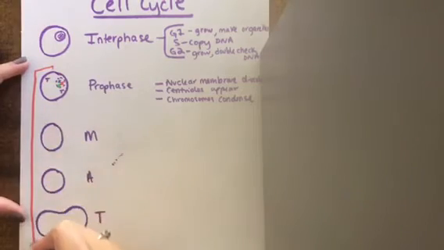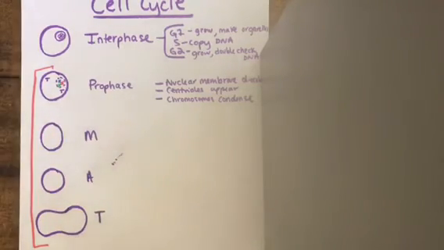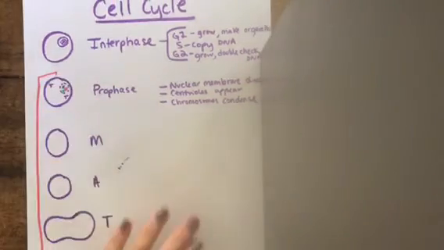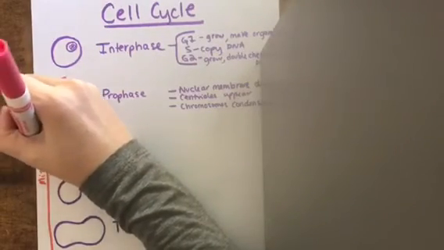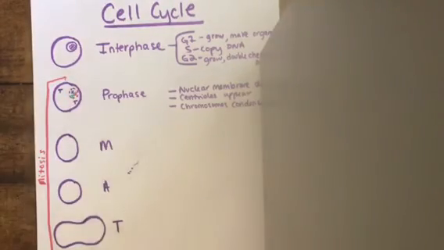So this whole thing right here is all part of mitosis. And so this is when the cell is actually reproducing. This happens very, very fast, even though there's a lot of steps. Most of the time, like we said, a cell is going to spend its time in interphase.